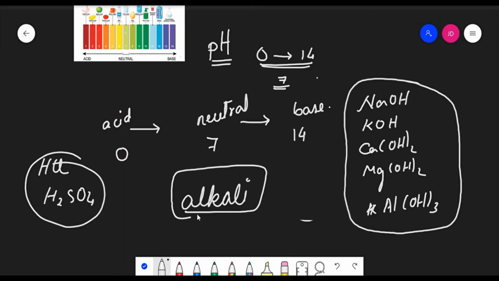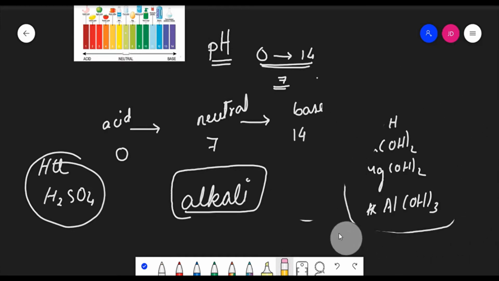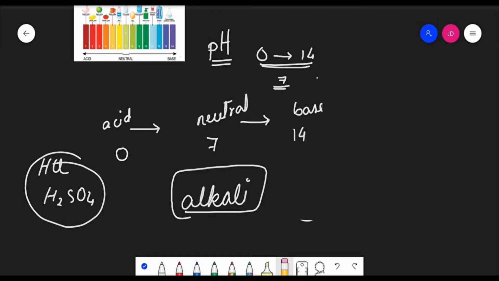So here only certain bases will dissolve in water. And how to remember those bases which can dissolve in water? You have to know the PSC MAZ. I hope you remembered it already. Keep it on the other side.